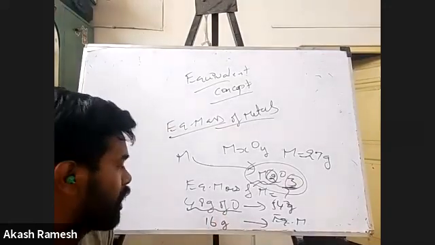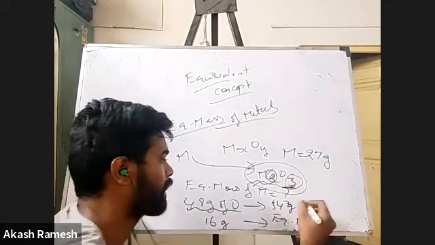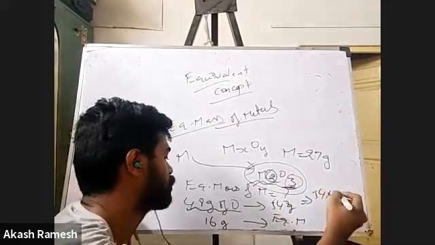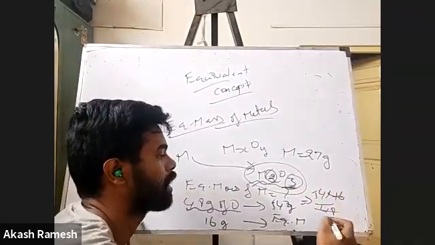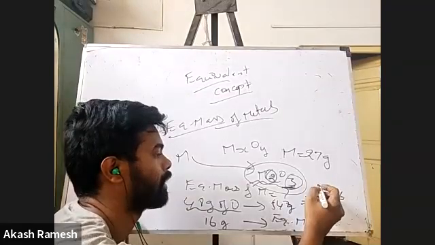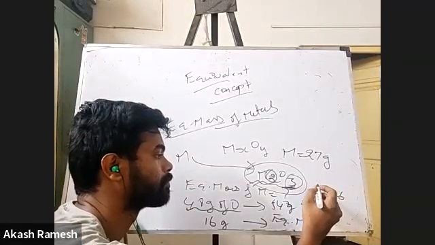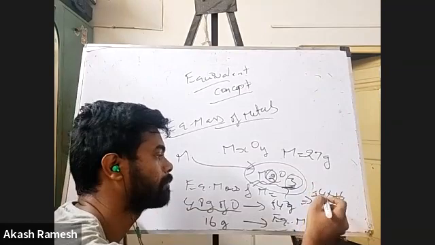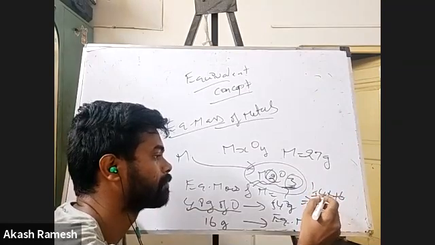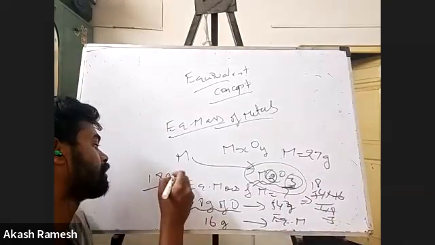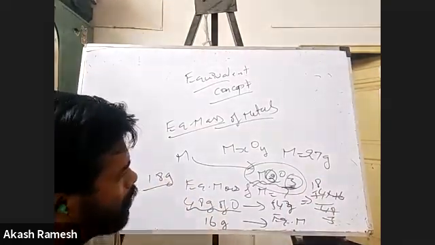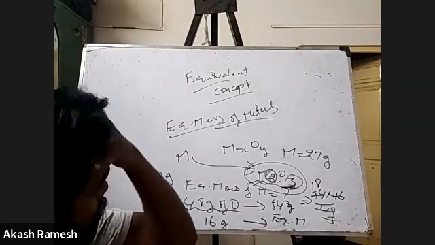So if you do the calculations, you get 54 into 16 divided by 48. This will go 3 times, and 54 will go 1 time, and then 18. So 18 grams is the answer.